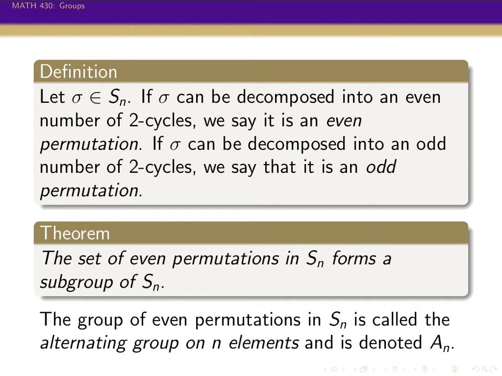And this subgroup has a special name. It is called An, and it is called the alternating group on n elements. And it turns out that the size of An is exactly half the size of Sn. So if we look at Sn, half of the permutations are even, half the permutations are odd. The even ones form their own group, and they are called the alternating group.